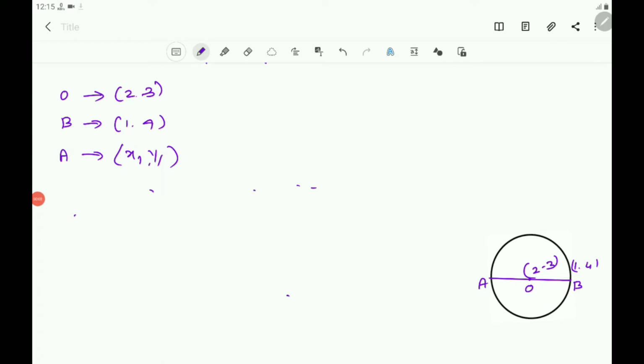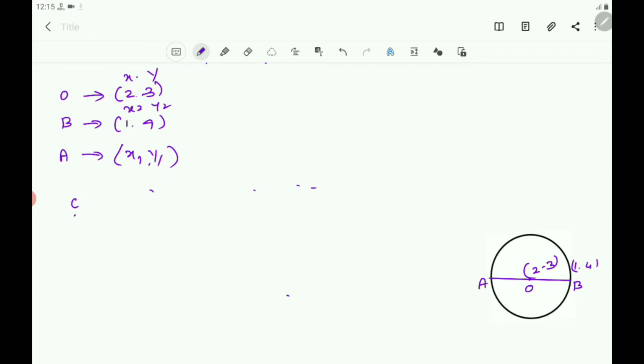O is a center with coordinates (2, minus 3). B is a point of the diameter on the circle with coordinates (1, 4) and A is the other point of the diameter on the circle. So let us have it as (x1, y1). Now you have the coordinates of the midpoint of AB, that is O. Let us consider that as (x, y), and B as (x2, y2), then A is (x1, y1).